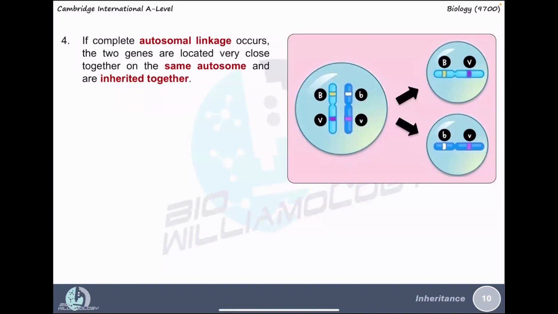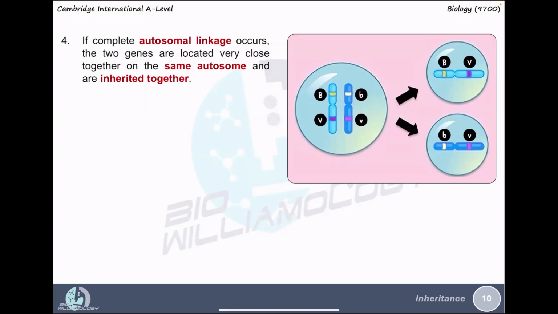However, if complete autosomal linkage occurs, the two genes are located very close together on the same autosome, and they are inherited together. Look at the diagrams here. Dominant allele B and dominant allele V are located on the same chromosome.